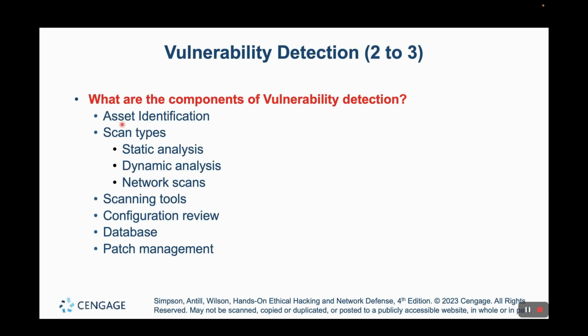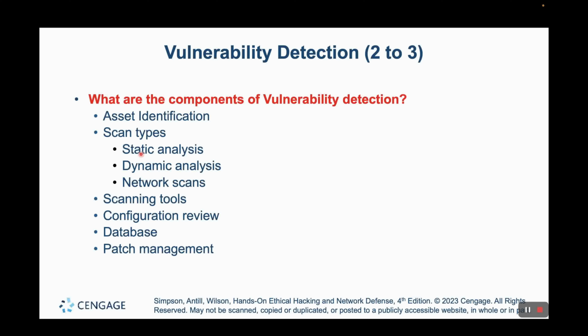Before the vulnerability detection can occur, we must create a comprehensive list of the assets, such as servers, network devices, databases, and applications. Now, there are different types of scans. The first one is static analysis, known as static application security testing.